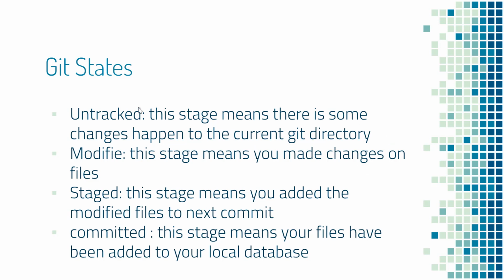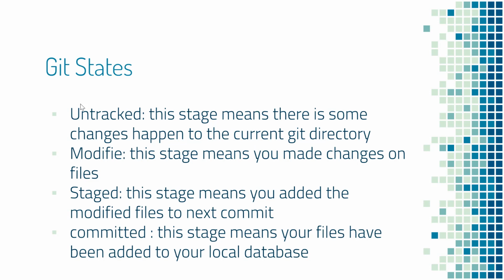The first state is untracked. Untracked is usually the state for files that you newly added. Say you have a Git enabled directory with 3 files, and you add a 4th file. The 4th file will be in the untracked state. Git monitors the changes on the files, and it will tell you that there's some modification in the directory, but it has no idea about this file.